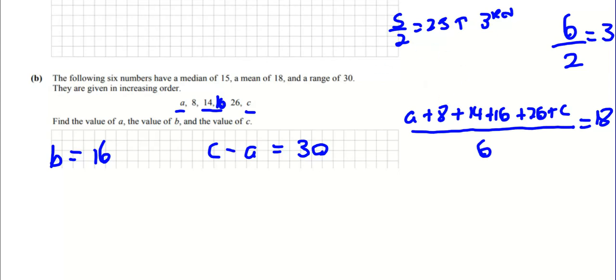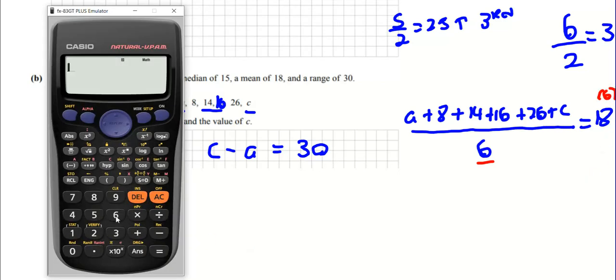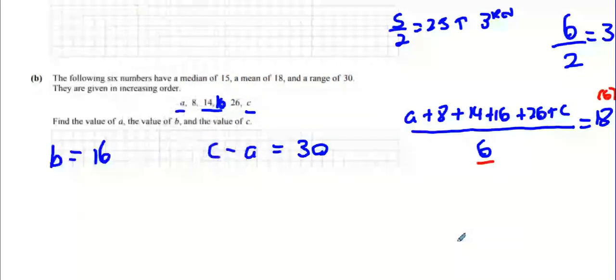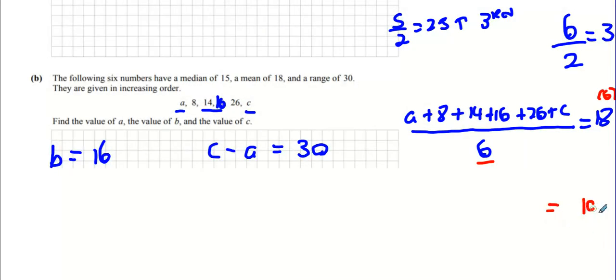Next step is that 6 is divide on the left, which will make it multiply on the right. So 6 times 18, I believe, is going to be 108. Yes, it is. We're going to add the regular numbers together, the 8, the 14, and the 16.